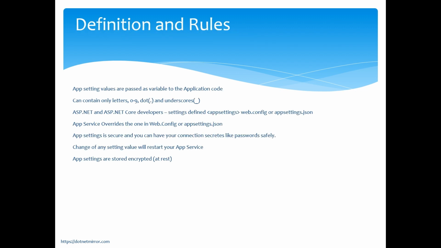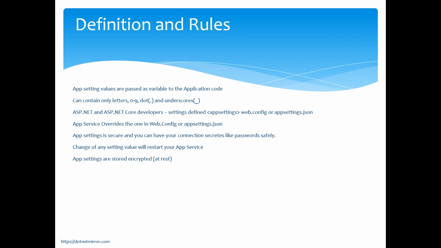While creating any app settings, these are some default rules you can consider. Whenever you are passing values to app settings, these will go as variables to your application code. When you are creating an app setting, make sure that it contains letters, numbers, dot, and underscore.